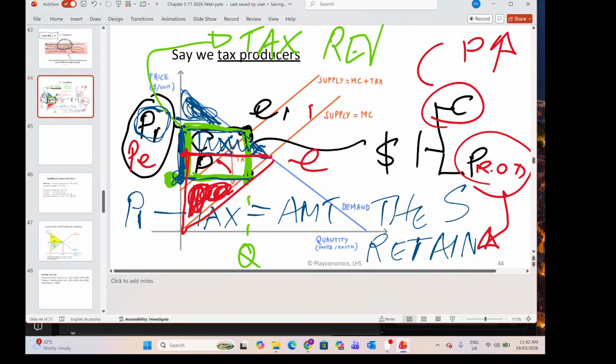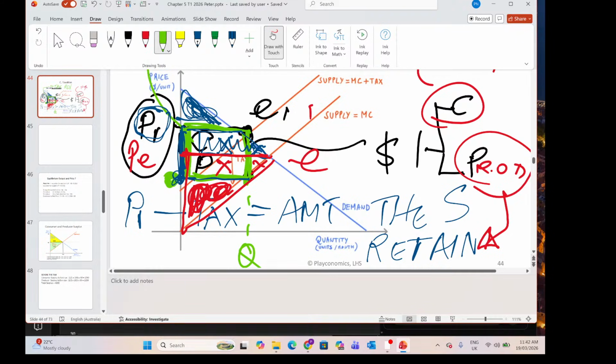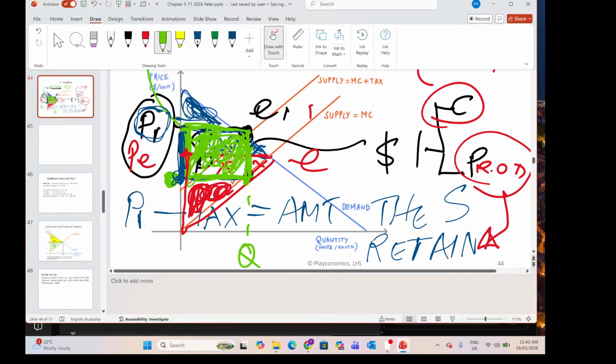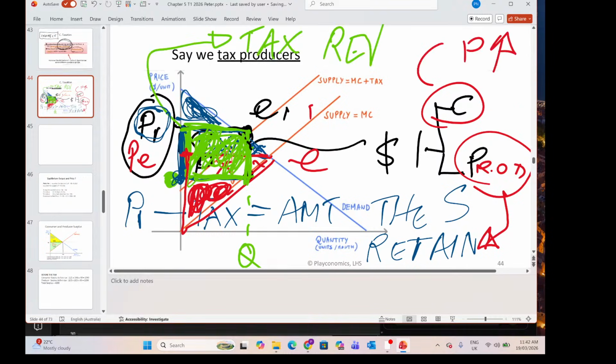They've lost a rectangle with an X and a triangle with an X. So who's unhappy? Consumers and producers. Who should be happy? The government should be happy because they now have this square that I'm shading in green. But the only area that we have not accounted for here is the black rectangle at the side.